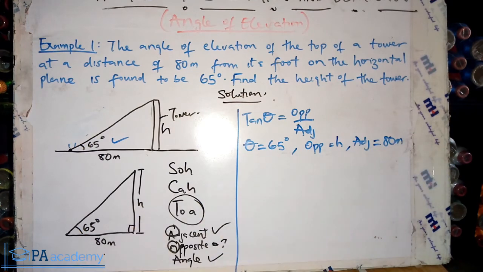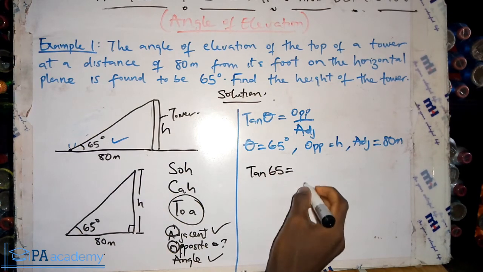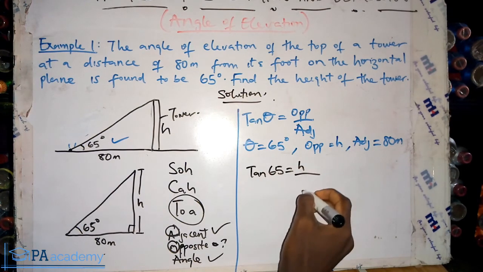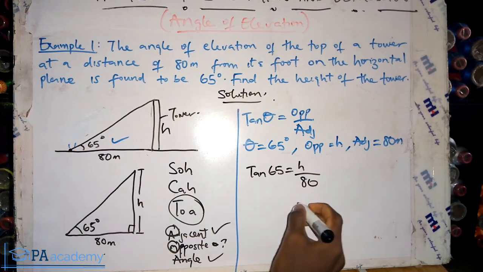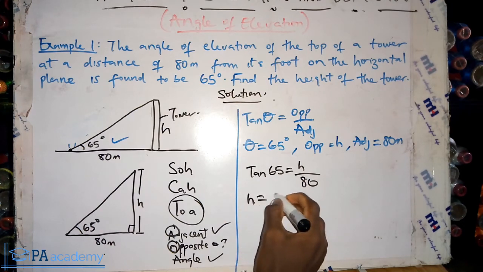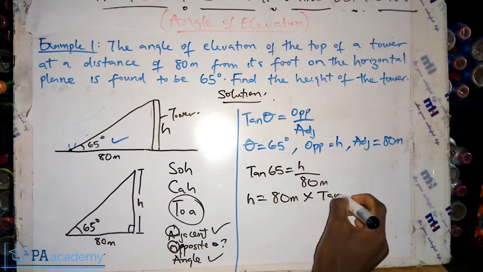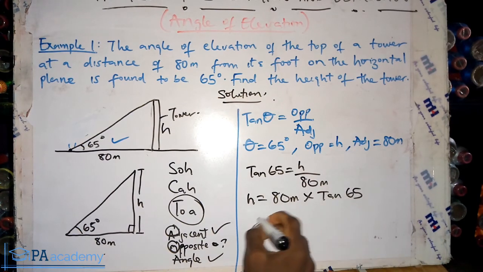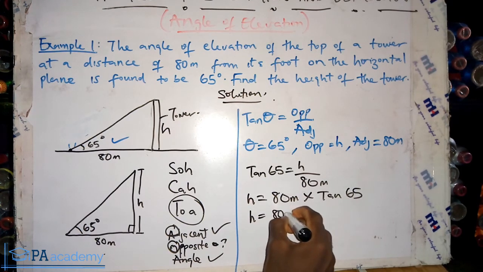So let's put this into the formula. What we'll have is tan 65 is equal to h, which is our opposite, over our adjacent, 80. By the time we cross multiply, we'll have h is equal to 80 meters times tan 65.